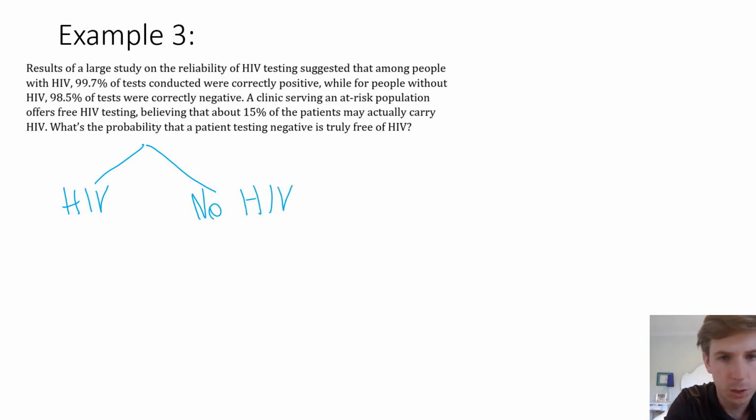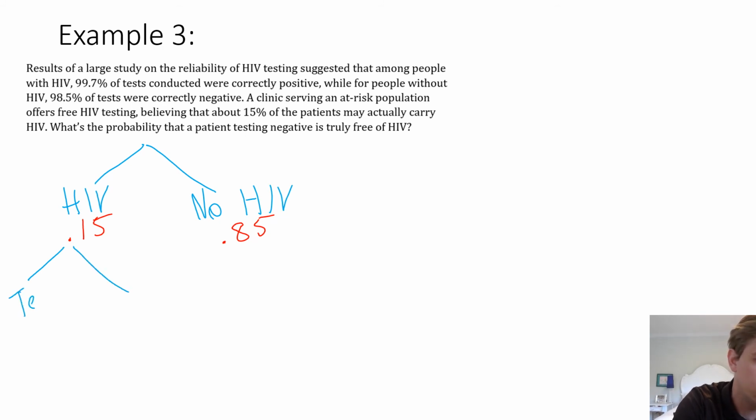Okay, which the problem says that 0.15, 15% of people have HIV, and for no HIV, just 1 minus 0.15, which is 0.85. The second break here is they are going to either test positive or test negative for both of these cases.